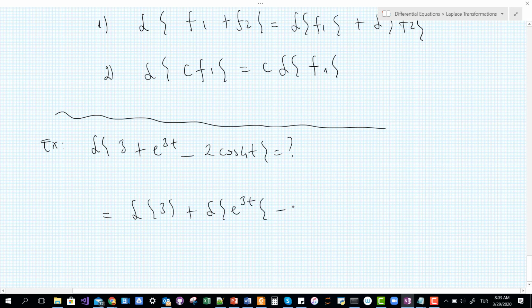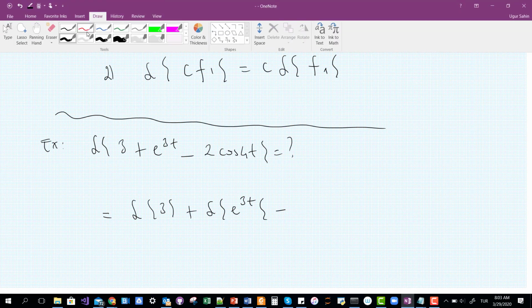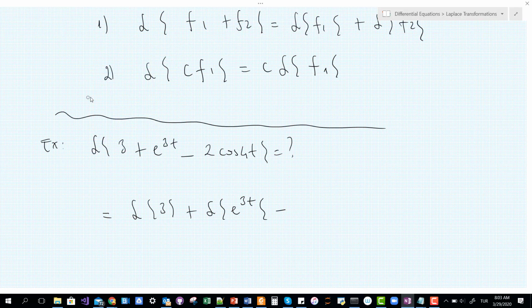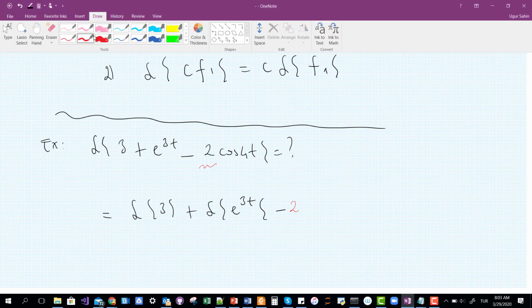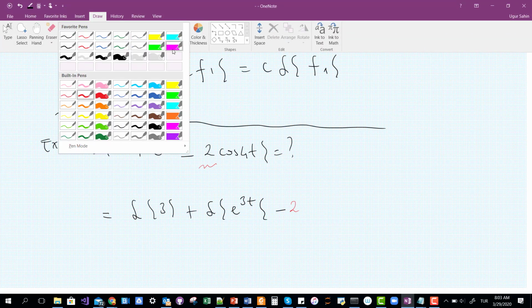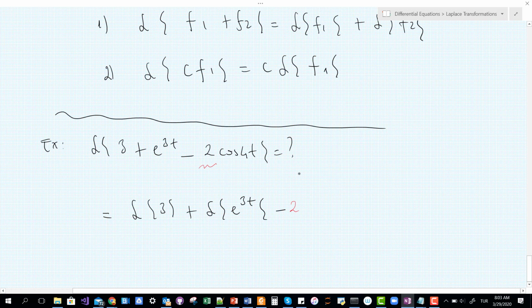And then minus, look at that. Also, I can use the second linearity feature for this constant. I can take this out, and the rest is just going to be the Laplace of the function I have, the Laplace of cosine 4t.